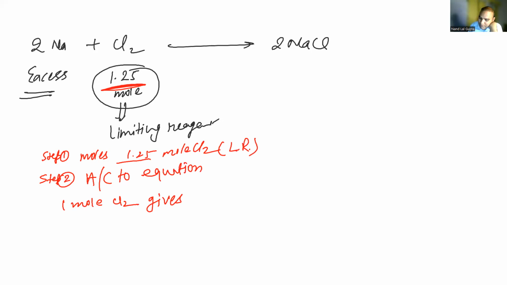So according to the equation, 1 mole Cl2 gives how much? It gives 2 mole NaCl.